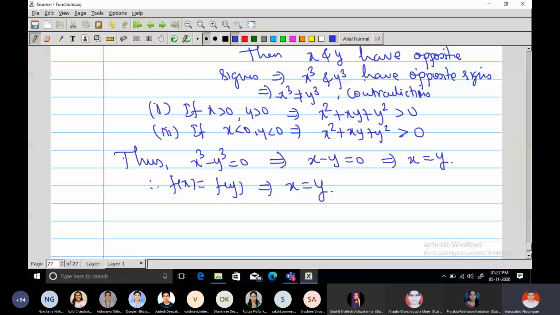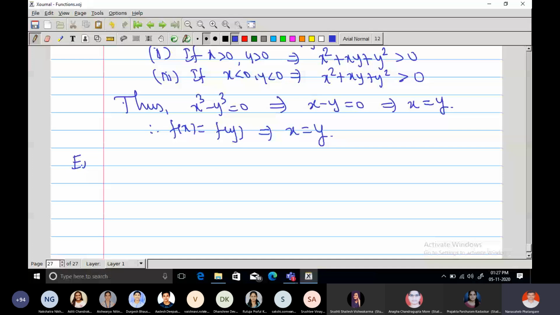Okay, let A be equal to {1, 2, 3} and B be equal to {A, B, C}.